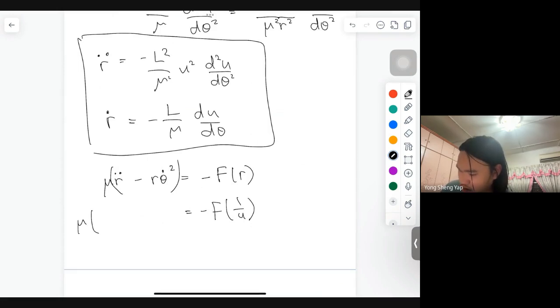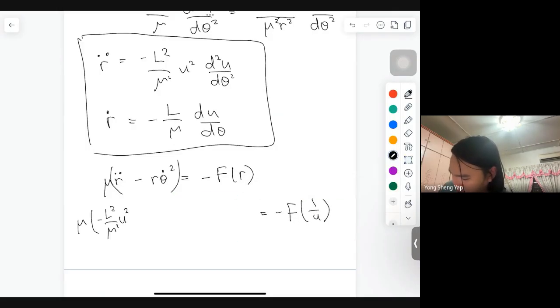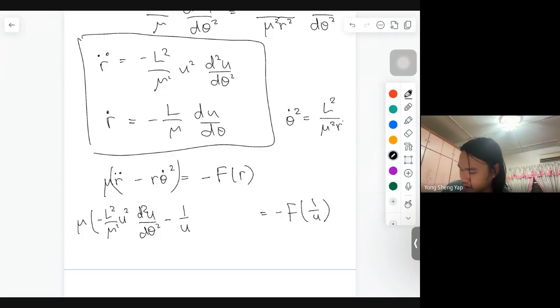And then mu r double dot is negative L squared divided by mu squared u squared d2u/d theta squared, minus r, which is 1 over u, times theta dot squared. Remember that theta dot squared is L squared divided by mu squared r to the fourth, L squared divided by mu squared u to the fourth.